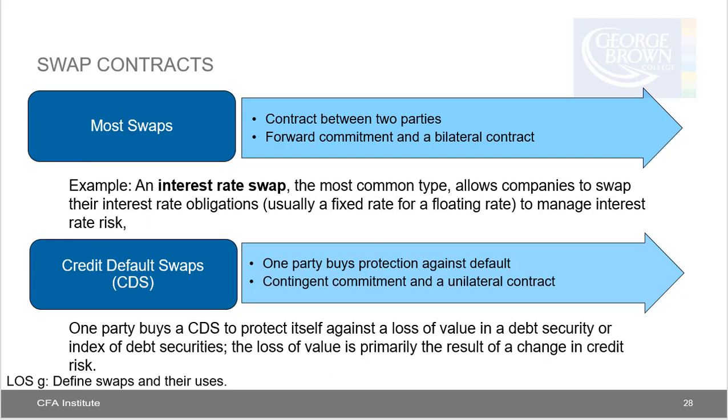One party buys a credit default swap to protect itself against the loss of value in a debt security or index of debt securities. The loss of value is primarily the result of a change in credit risk. The seller is providing protection to the buyer against declines in value of the underlying. Okay?